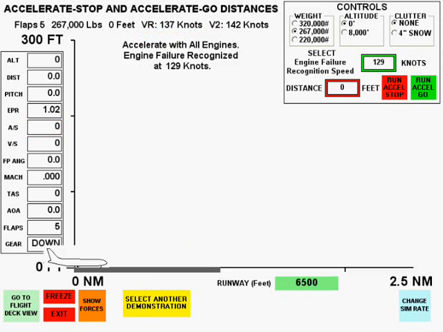Next, let's look at both go and stop distances with an engine failure recognition speed of 129 knots.